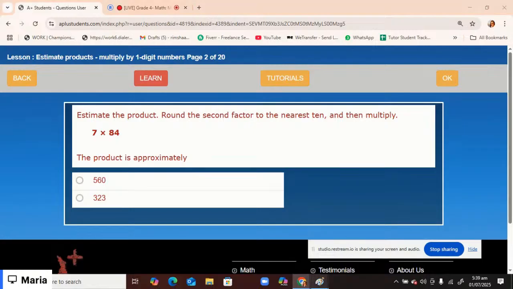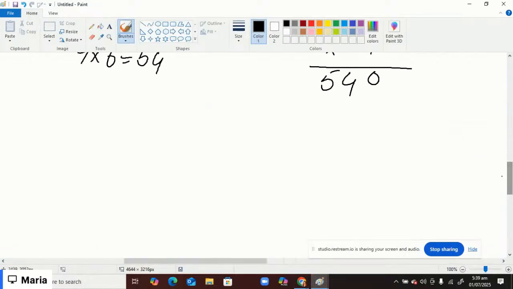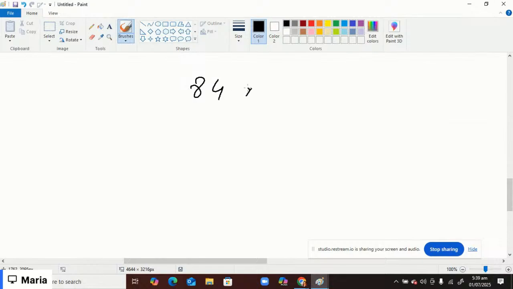7 times 84. So 84 times 7. First of all, check it out. How can we round 84? Is it rounding up or rounding down? Think about it, everyone.